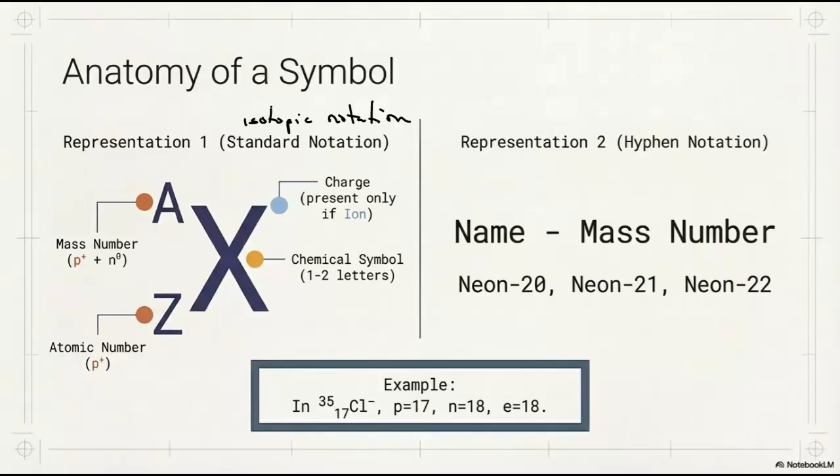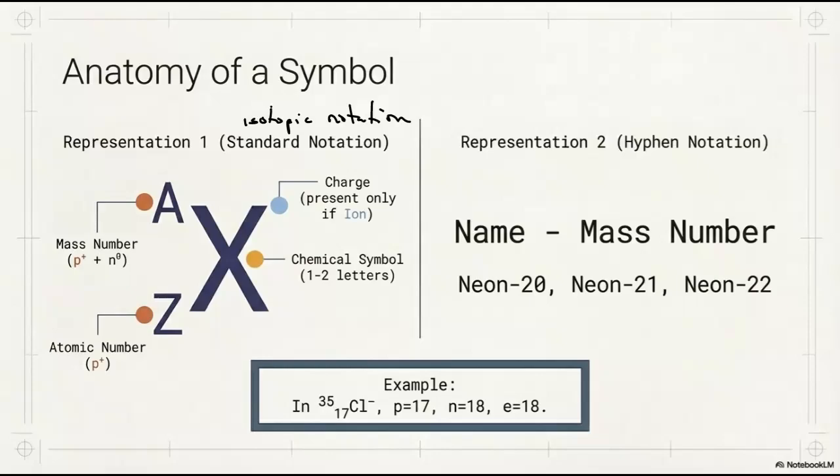The only thing you have to remember is that the chemical symbol, if it is one letter, is uppercase. If it is two letters, it's uppercase, lowercase. The mass number is the number of protons plus the number of neutrons, and the atomic number is just the number of protons.